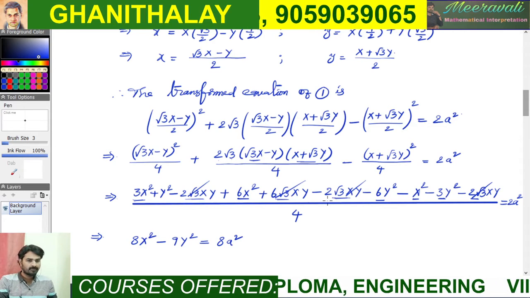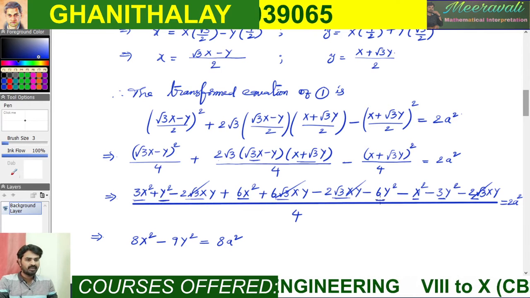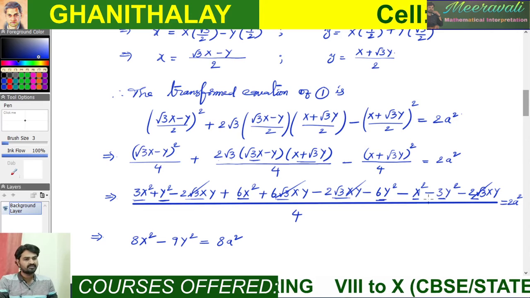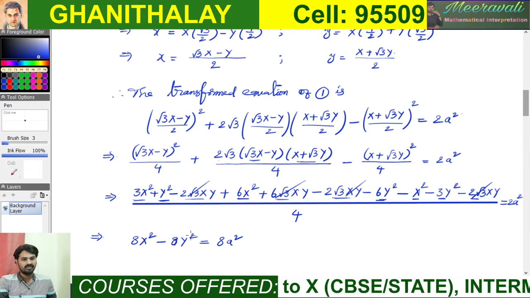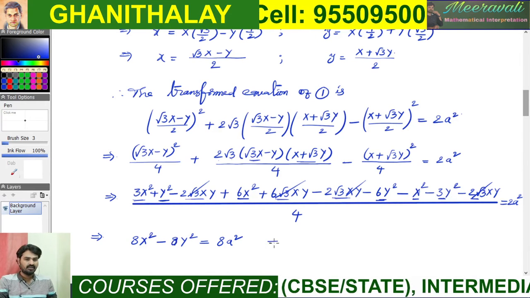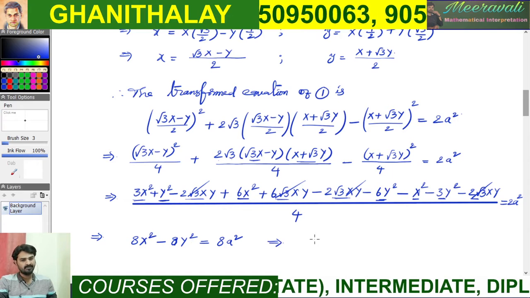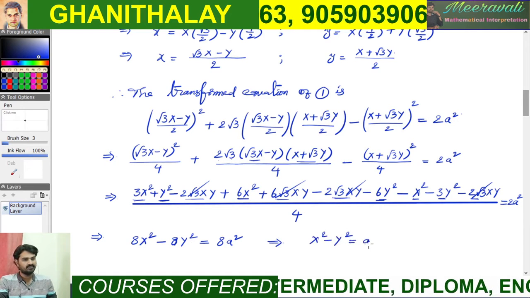Okay students, sorry, here plus y square minus 6y square, that means minus 5y square, minus 3y square, minus 8y square, this will be the minus 8y square. Now finally I am going to cancel by 8 on both sides. You will get x square minus y square is equal to a square.